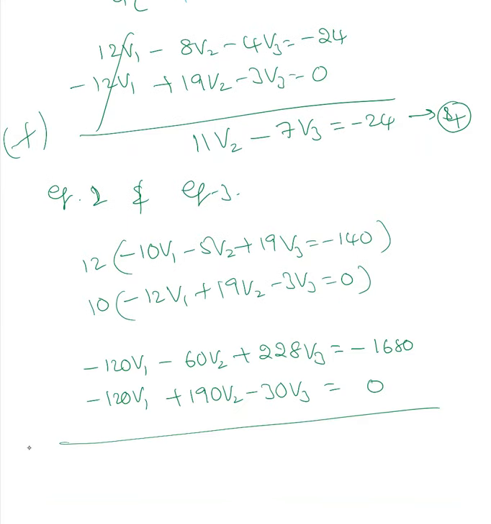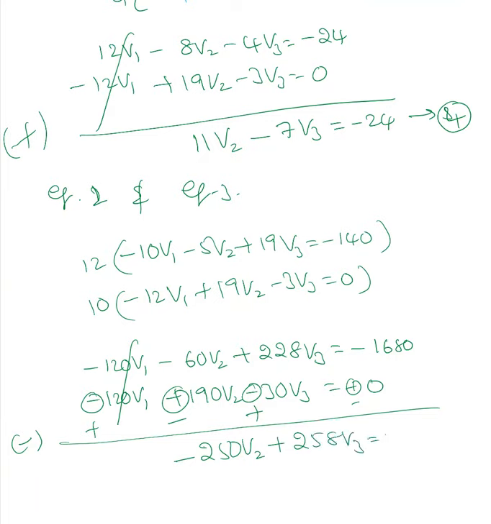When I multiply these two, I'm going to subtract these two. So these two get cancelled out here. Minus 190 minus 60, minus 250V2 plus 258V3 equal to negative 1680. I'm going to label this as equation 5.